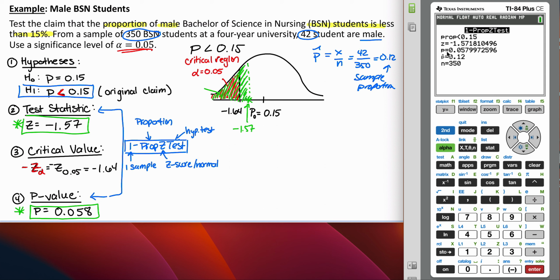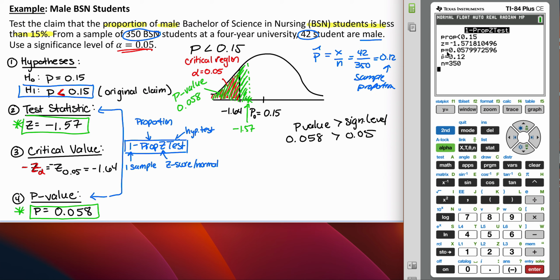And so the area shaded in green, that is our p-value, and that shaded area is 0.058. So notice that in the picture we can see that our p-value is greater than our significance level. It's not that much bigger, but it's still bigger. 0.058 is bigger than 0.05.